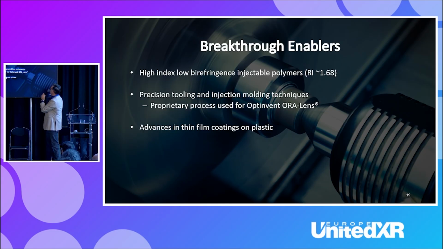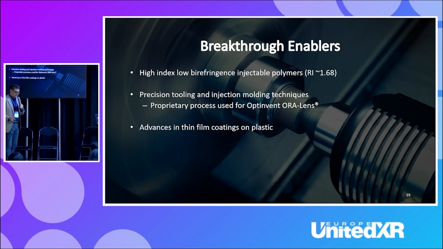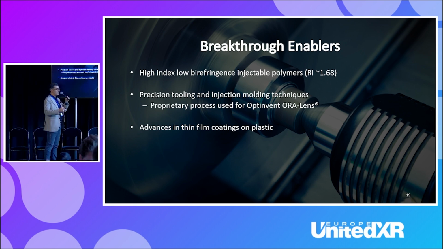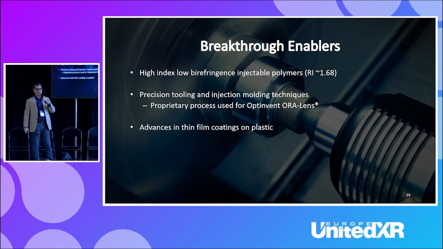And so what are some of the key breakthroughs that enabled this? And why didn't anybody do this before? Well, because we now have very high index and very low birefringence injectable polymers that we didn't have before. So there's a lot of material science that actually is allowing us to do this, right? And then precision tooling and injection molding techniques have come a long way, which also allow us to do this.